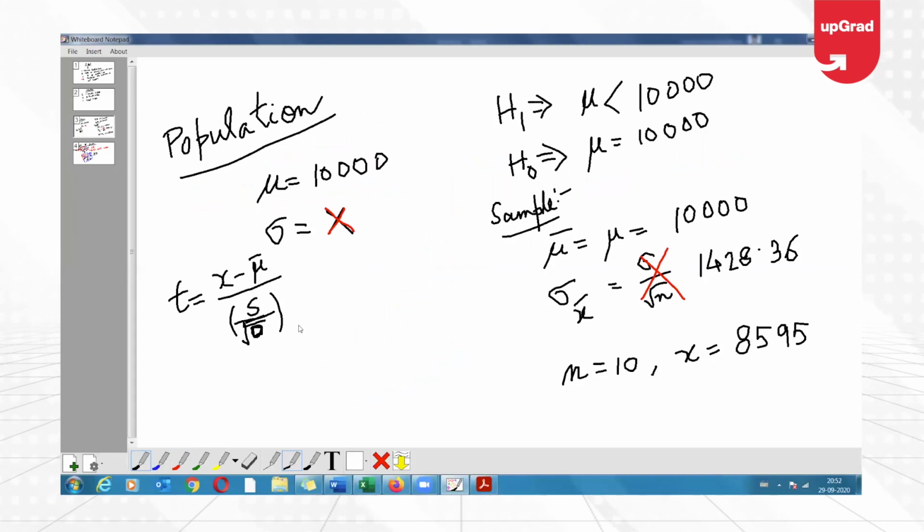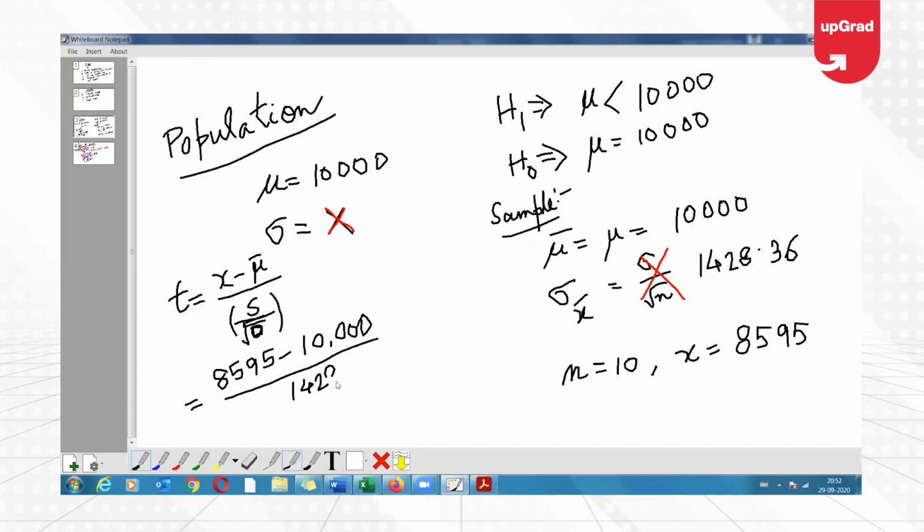So x is 8595 minus mu, which is 10,000, divided by 1428.36, which is my standard deviation, divided by the square root of degrees of freedom, which means here my n is 10, so 10 minus 1.